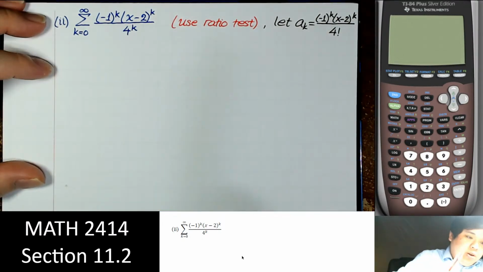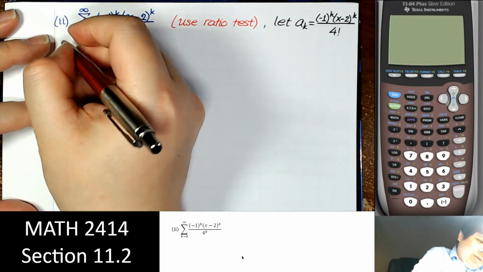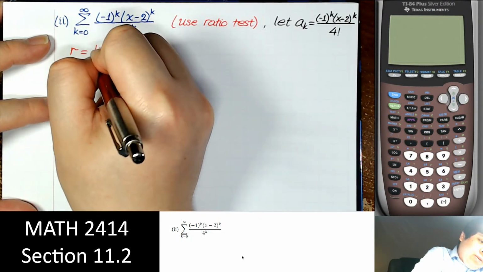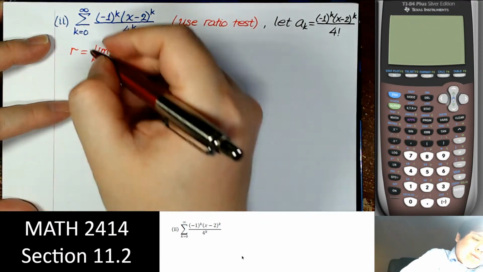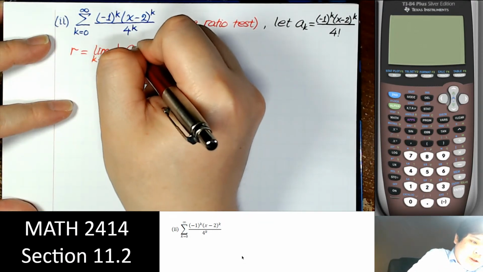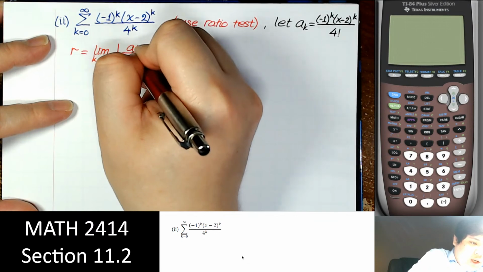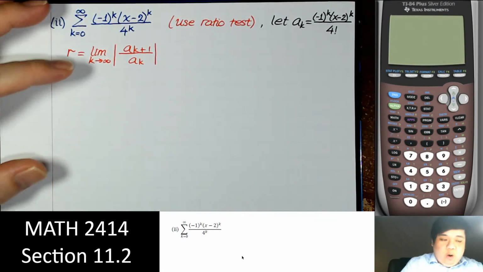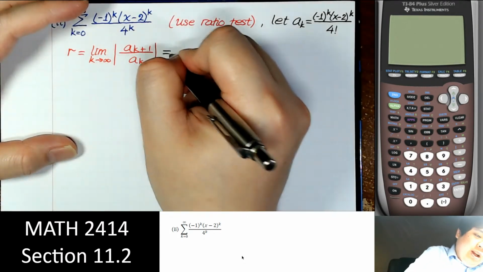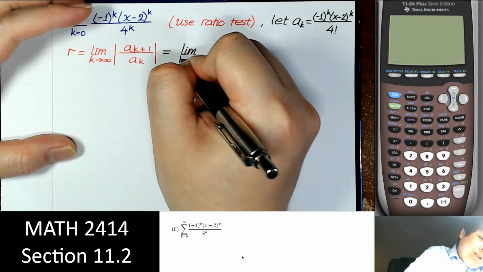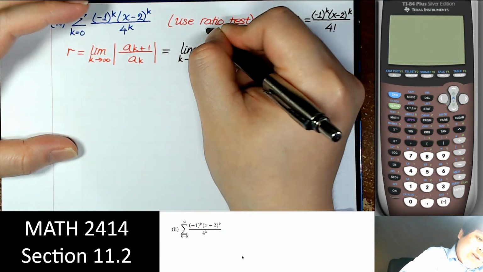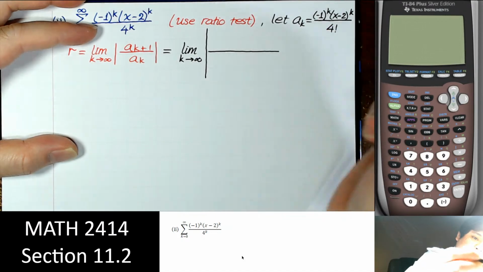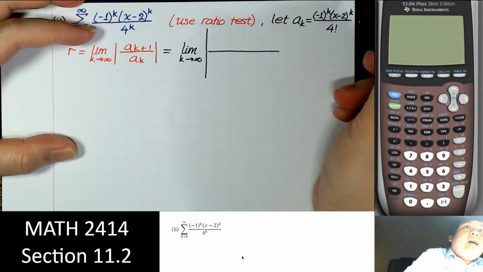And then we find the ratio R, the ratio of the next term over this term when k goes to infinity. So we have that, but with k plus 1.